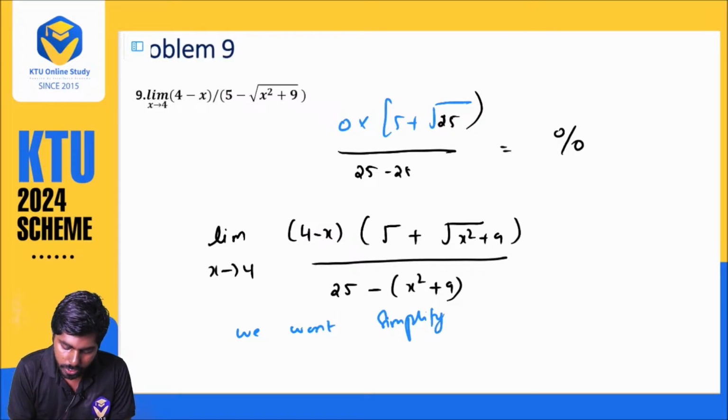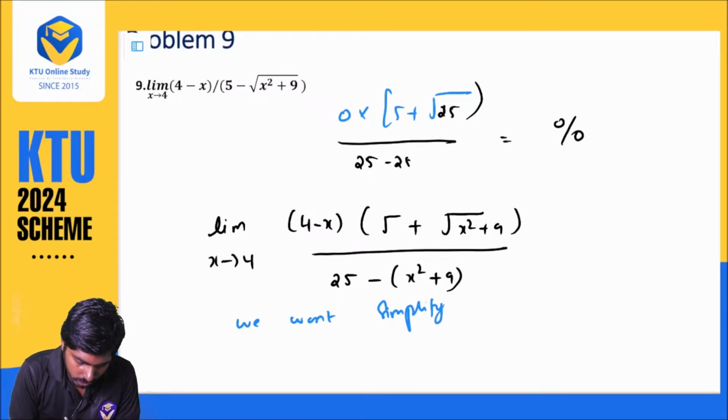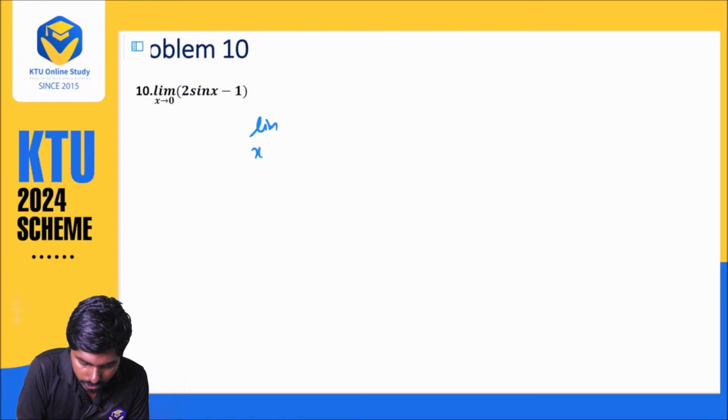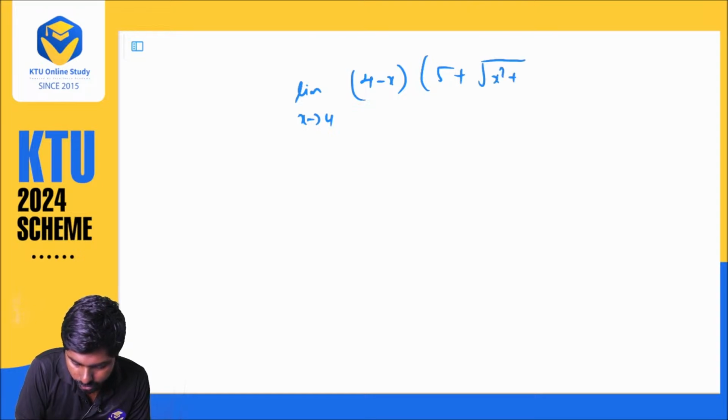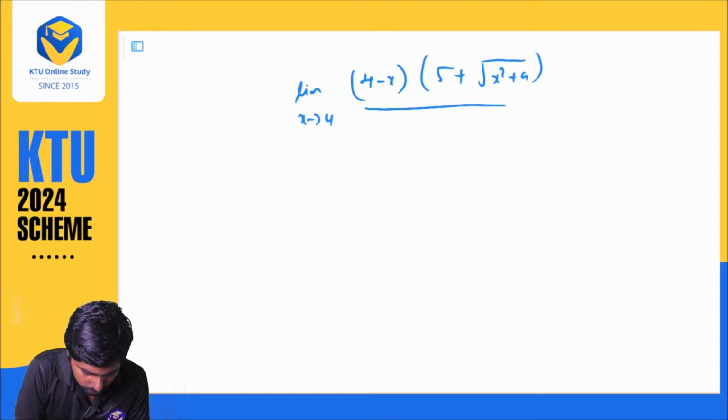How to simplify: limit x approaches 4, that is nothing but we will be getting 4 minus x into 5 plus root x square plus 9. So this is nothing but 25 minus x square minus 9.